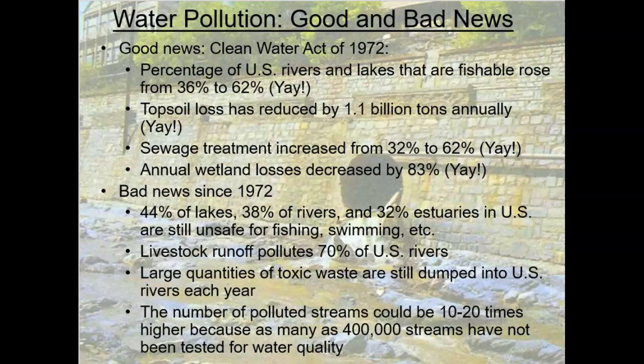So here's some good news and some bad news. The Clean Water Act of 1972, one of all these laws that were happening right after Earth Day 1970, and this was one of the big ones. So the Clean Water Act had required that all U.S. rivers be fishable and swimmable.